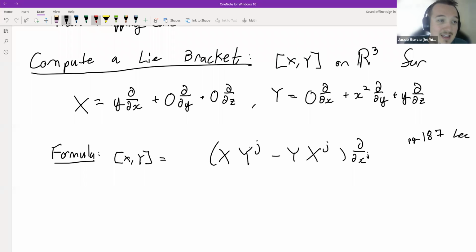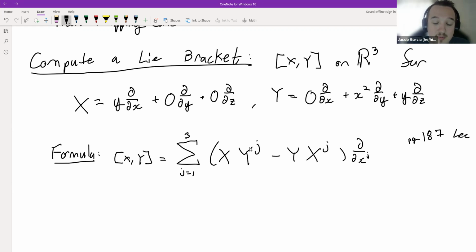And Lie writes it like this, but what Lie isn't writing, because he uses Einstein notation, is that this is supposed to be the sum from j equals 1 to 3 here, right? There's a summation that he just doesn't write because he's Lie. And when you're Lie, you get to not write sums and be like, but I meant a sum. And then everyone's just like, oh, well, I guess if you meant a sum, then that's fine.